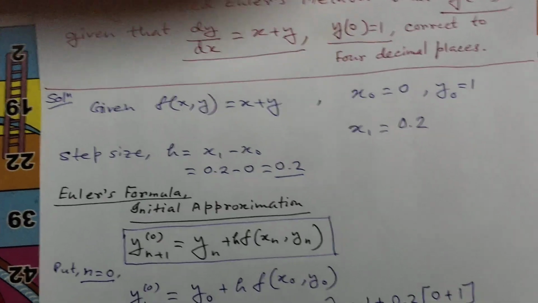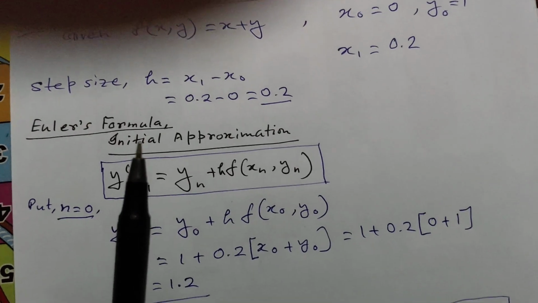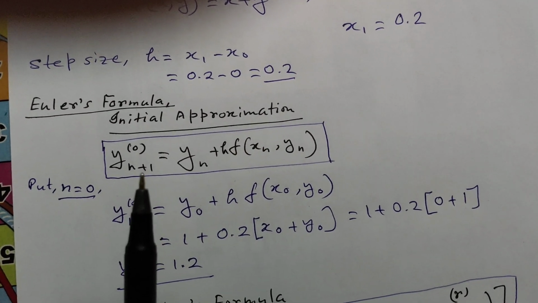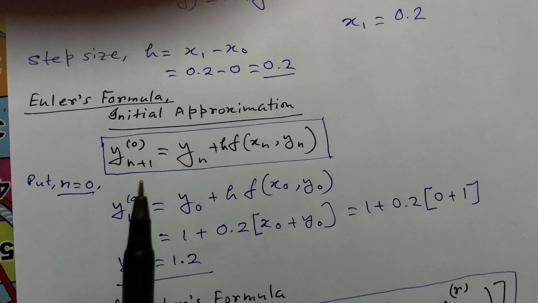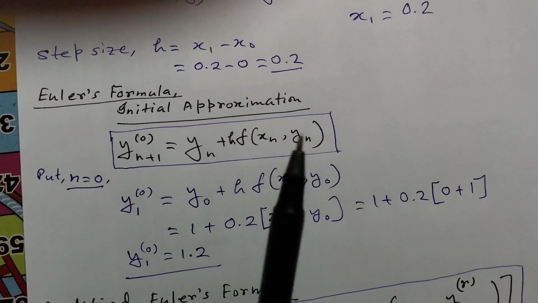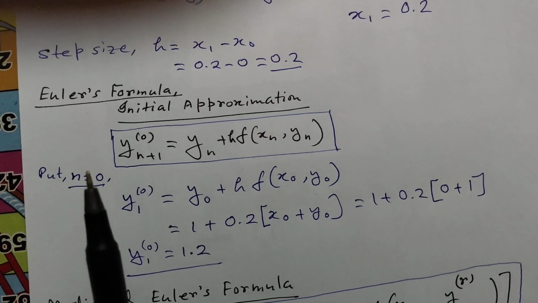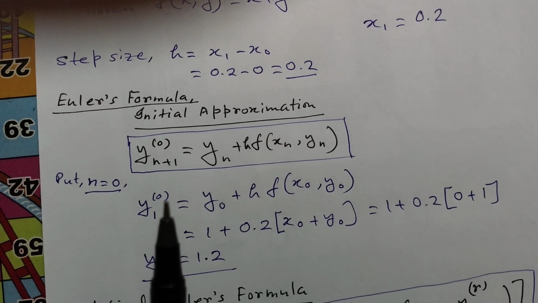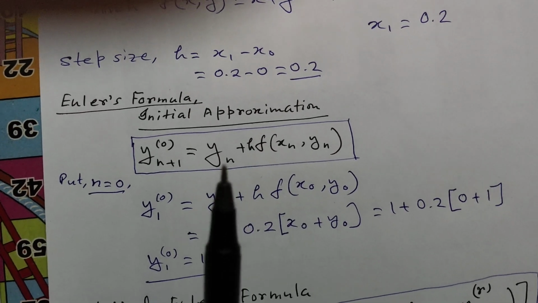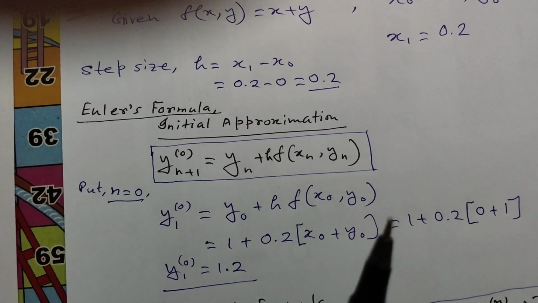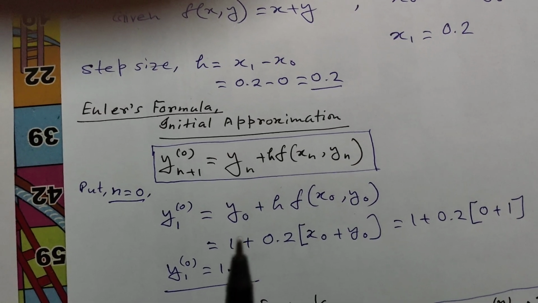Now according to the Euler's formula, the initial approximation is y(n+1)^(0) equals yn plus h f(xn, yn). Now put n equals 0 here: y1^(0) equals y0 plus h f(x0, y0).